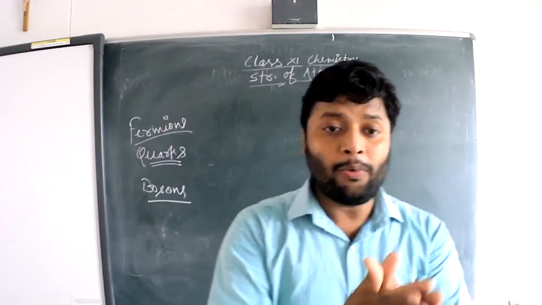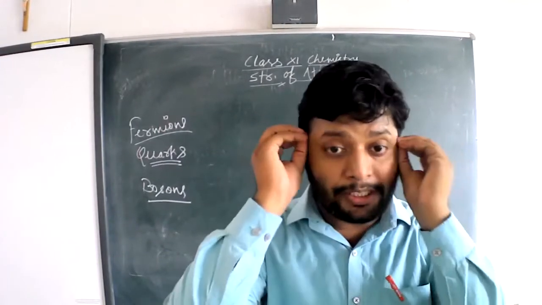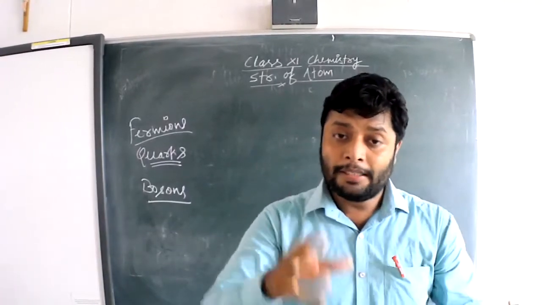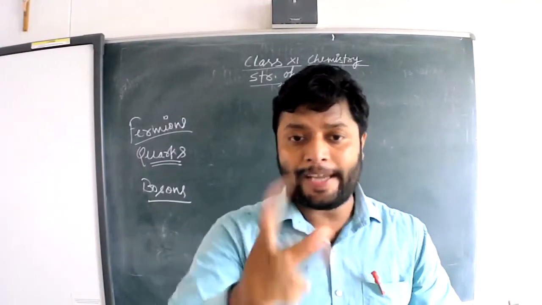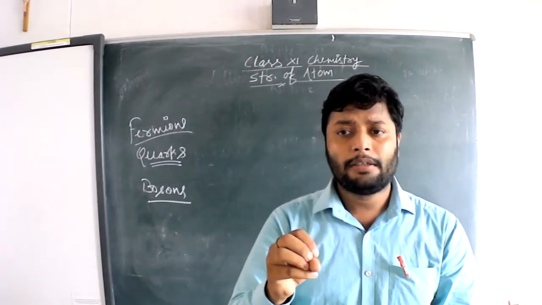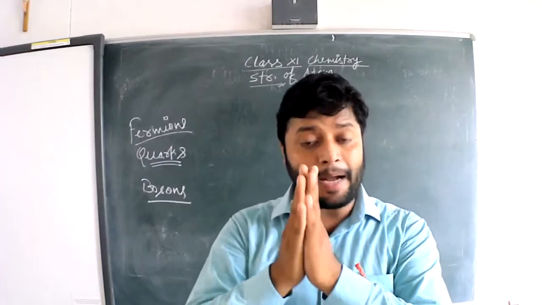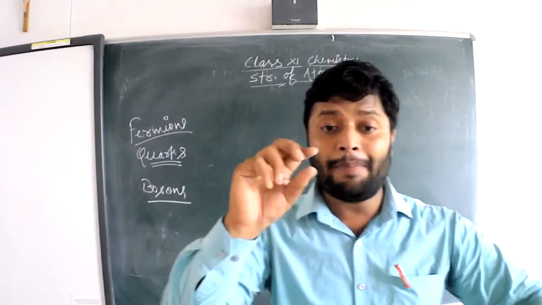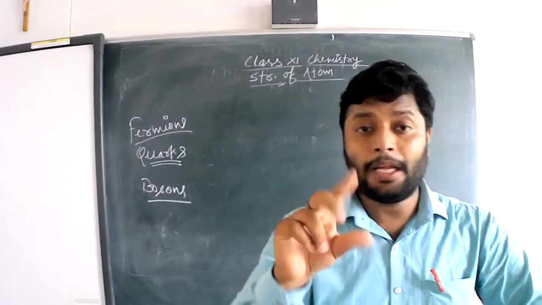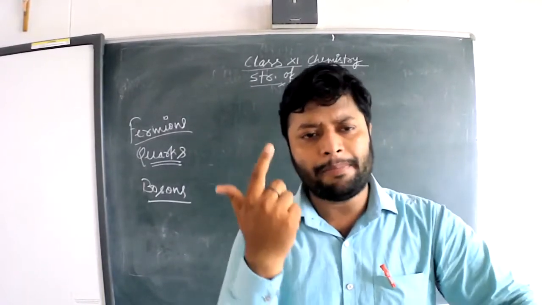The particle which is responsible for matter, just make sense of this. If there is a problem, repeat the lecture twice or thrice and try to learn. The particle responsible for matter has half integral spin. Half integral, what does it mean?